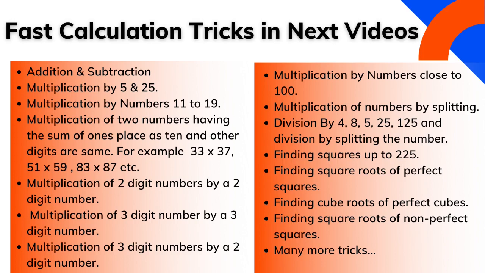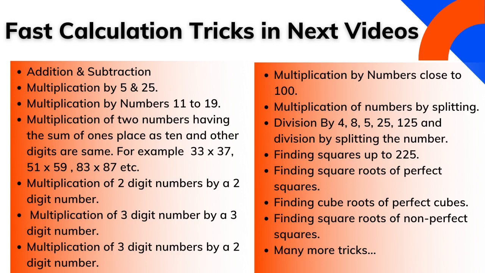We are going to learn fast calculation tricks which will include addition and subtraction, multiplication by 5 and 25, multiplication by numbers 11 to 19, multiplication of two numbers having sum of ones place or unit place as 10 and other digits of the numbers are same, such as 33 and 37, 51 and 59, 83 and 87, 122 and 128.